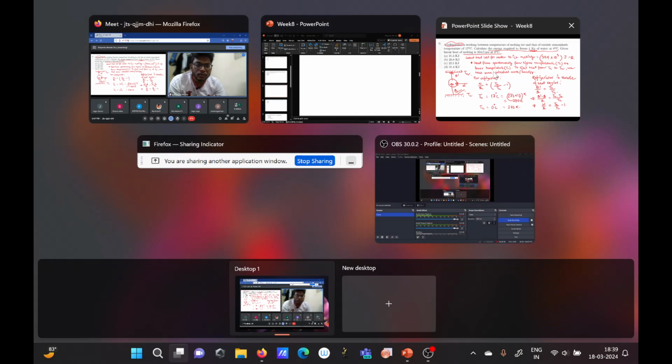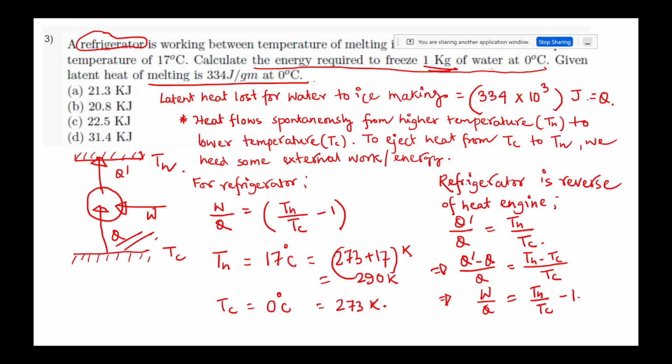So let me check with my calculations. It seems it's okay. So Q is 334 into 10 to the power 3 joule.